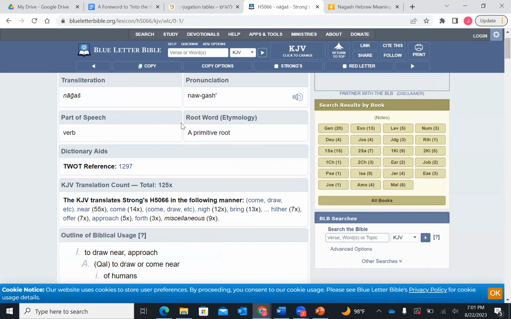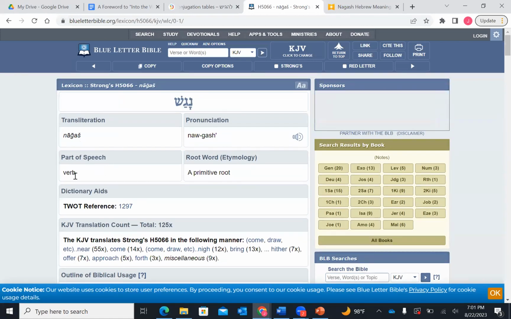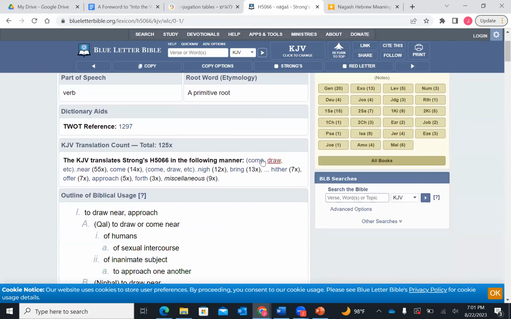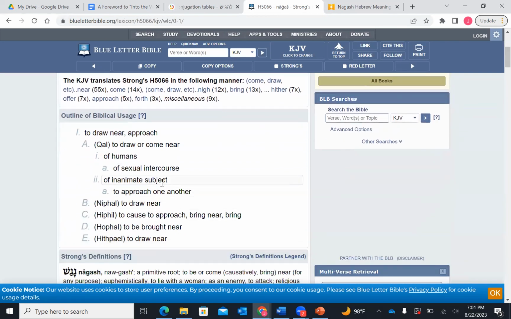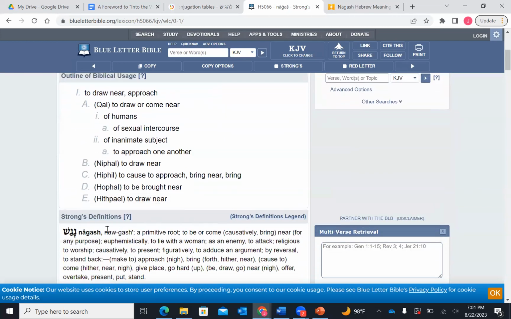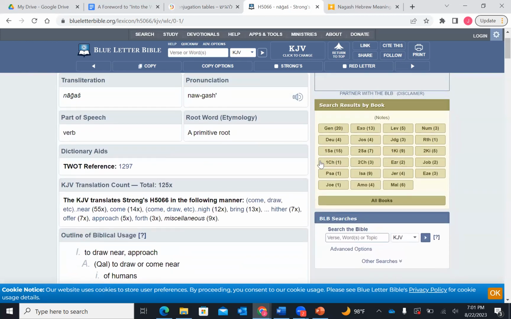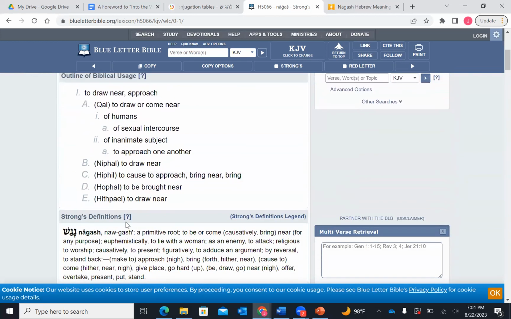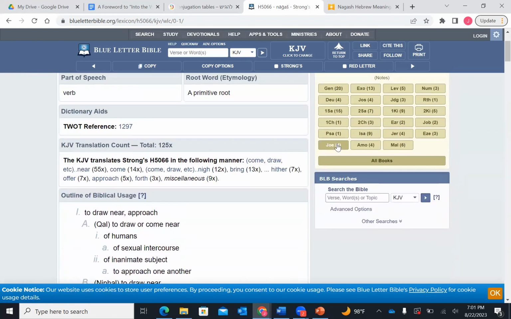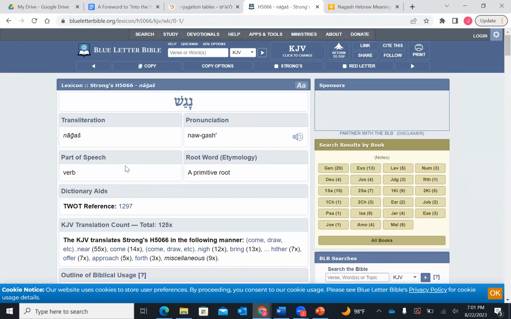It's a verb: to come out, to draw near, to approach, to initiate, to draw near, to cause to approach, to bring near, to breed, right? And this might just be the first entry for the root, so there might be another one in there somewhere that is nigish, because it's not giving me the verb family.